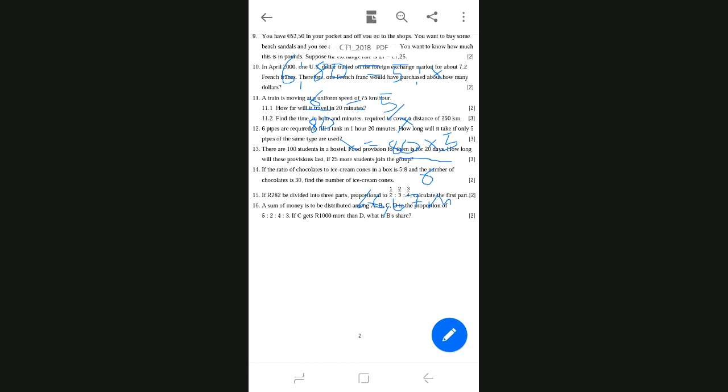Okay, I understand your concern here, but let us use this approach. Let us use direct proportion. The pipes will be equal to K times the time. Sorry, it's inverse proportion. Okay, that's why it's not working.